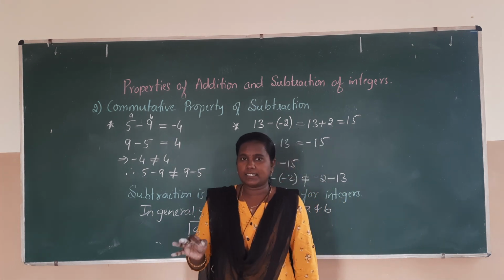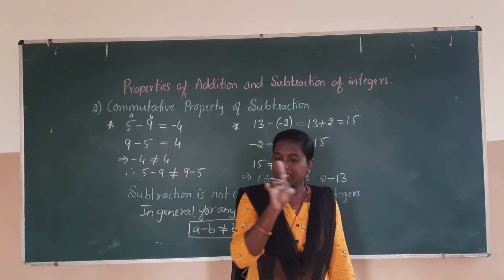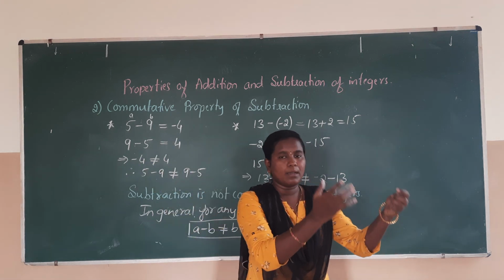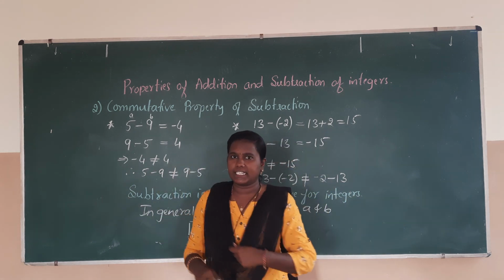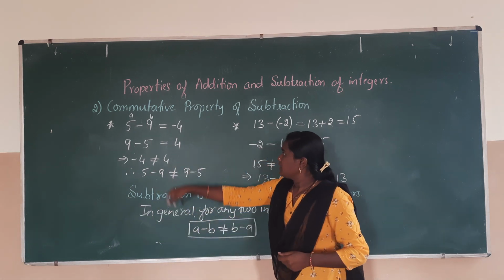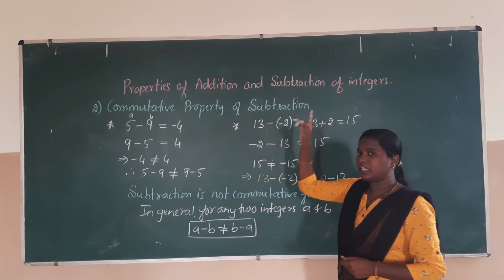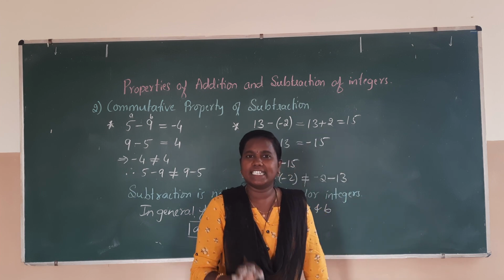It is clear that integers are closed under addition and subtraction, because the sum or the difference of any two integers is again an integer. But addition is commutative for integers, while subtraction is not.